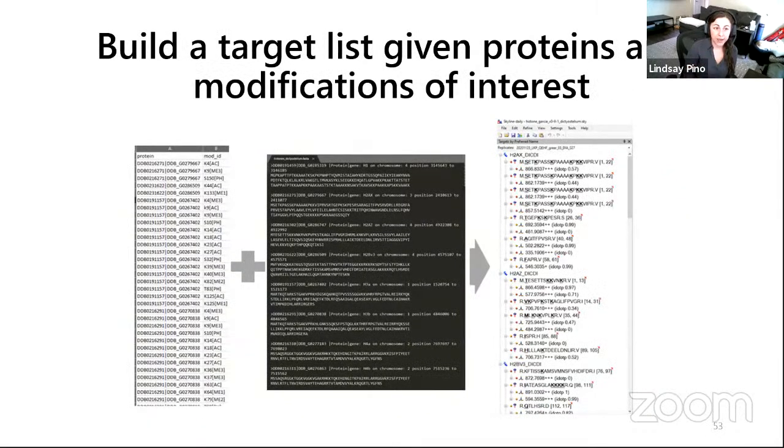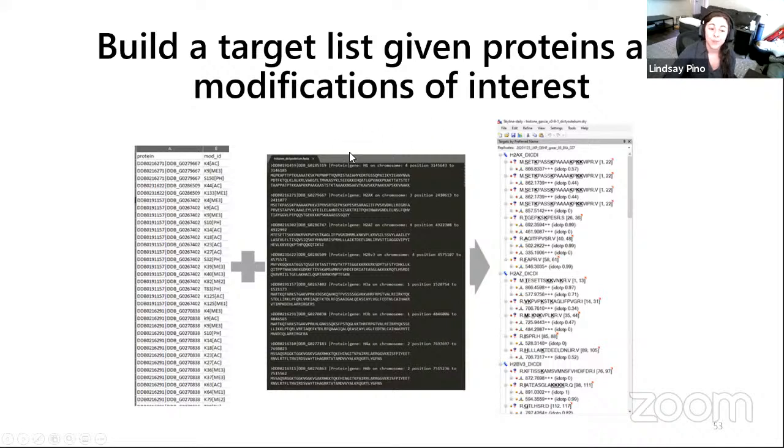So the very first thing is just building that target list in Skyline. The target list in Skyline on the right, just a snapshot here. We've all seen how you can add peptides and proteins, but one of the first scripts that I wrote was to take a list of modifications that you're interested in. So this has lysine 4 acetyl, lysine 9 trimethyl, serine 150 phospho.